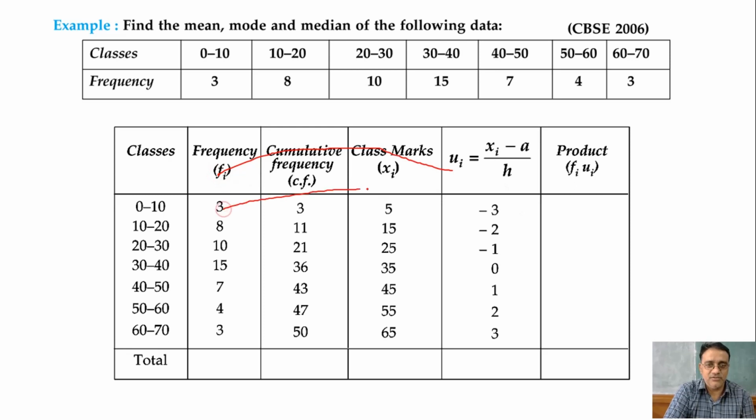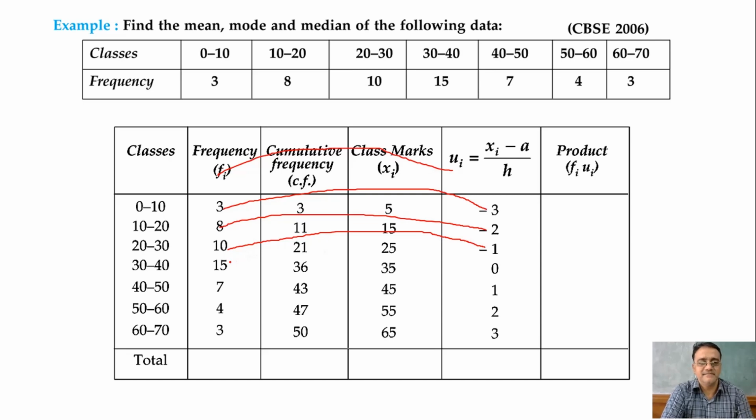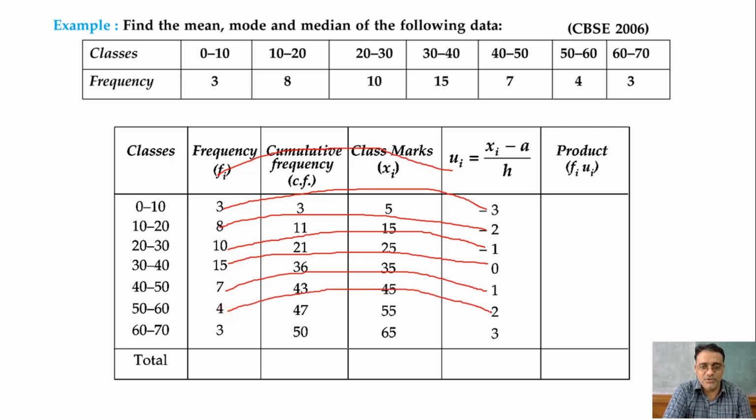So look carefully: 3 into -3, minus 9; 8 into -2, minus 16; 10 into -1, minus 10; 15 into 0, 0; 7 into 1, 7; 4 into 2, 8; 3 into 3, 9.